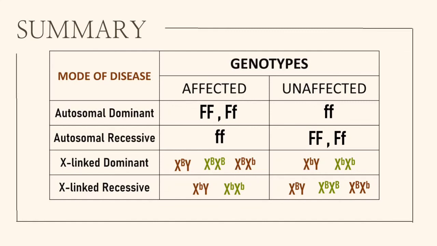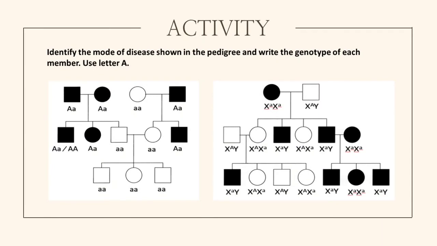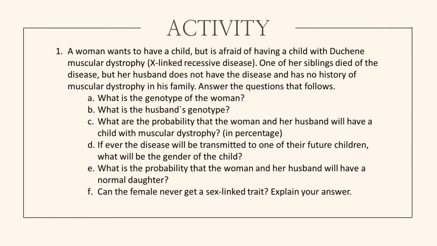Next naman, for the unaffected individuals, for males, we're gonna be using capital letter D. For females naman, we're gonna be using homozygous dominant letter D. And then next naman, heterozygous dominant letter D. Okay? Next tayo. So, we have here, ayan nga, the question. Yun yung gagamitin yung mga genotype.